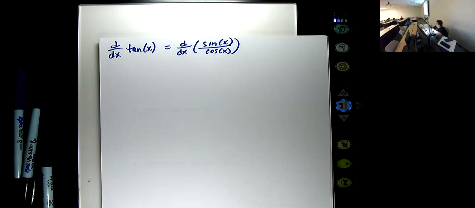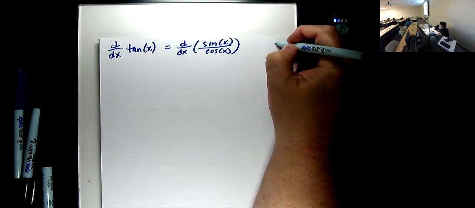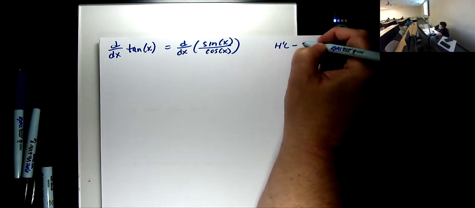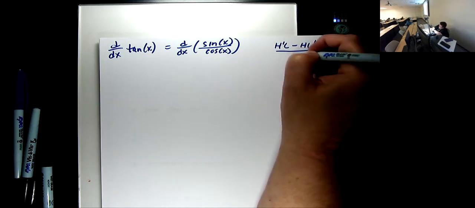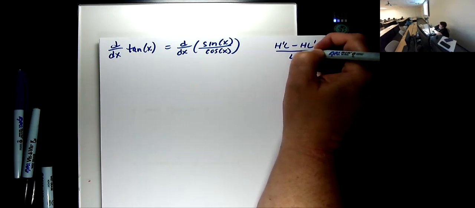So I'm going to bypass all that and jump straight to doing this as a quotient rule. H prime L minus HL prime over L squared.